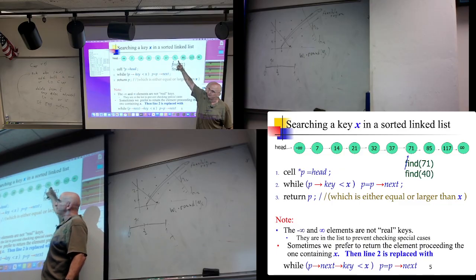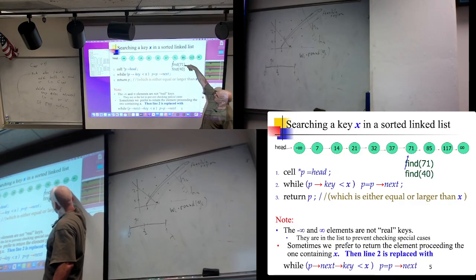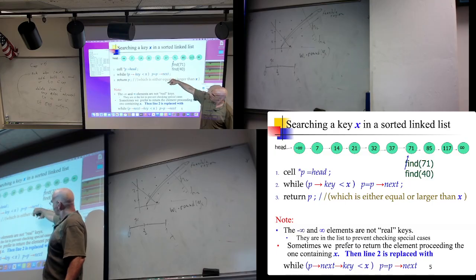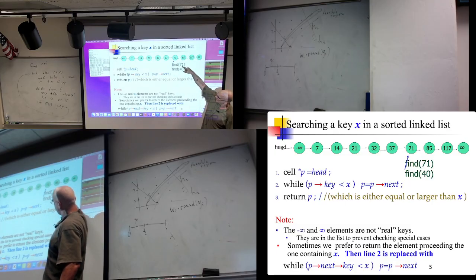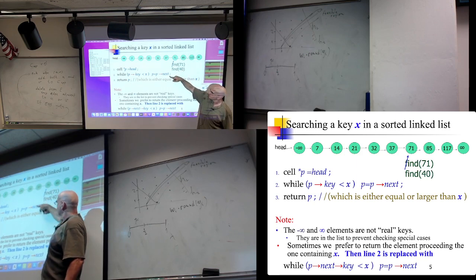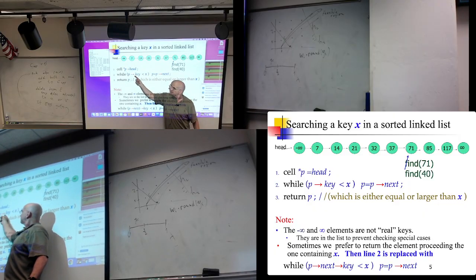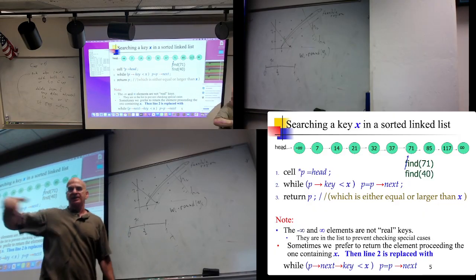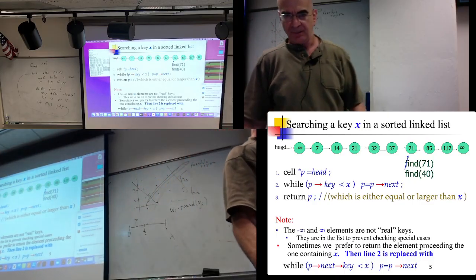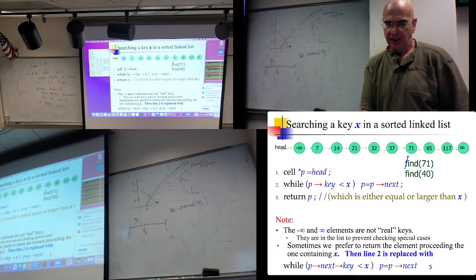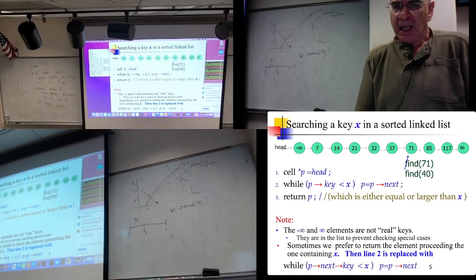You can play with both versions. You can either do P key is smaller than X, or P next key is smaller than X. So you proceed only if the next element is smaller than X as well, and stop one element before.